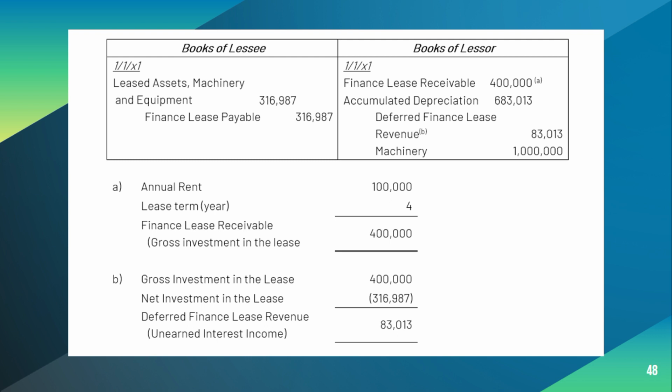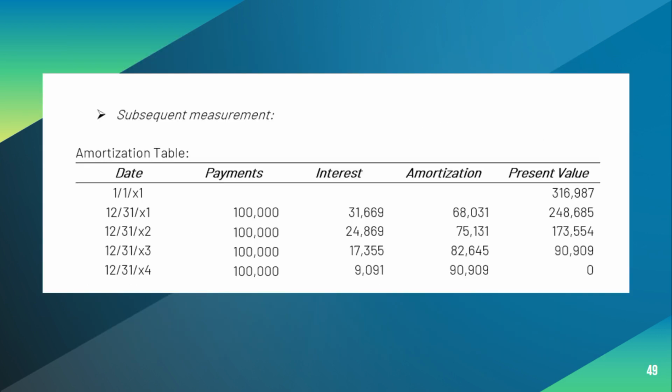It was computed by subtracting the net investment in the lease, 316,987, from the gross investment in the lease, 400,000, and the difference is equal to 83,013, and credit to machinery 1 million.